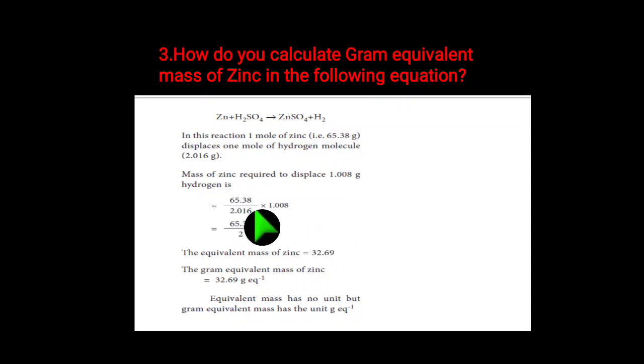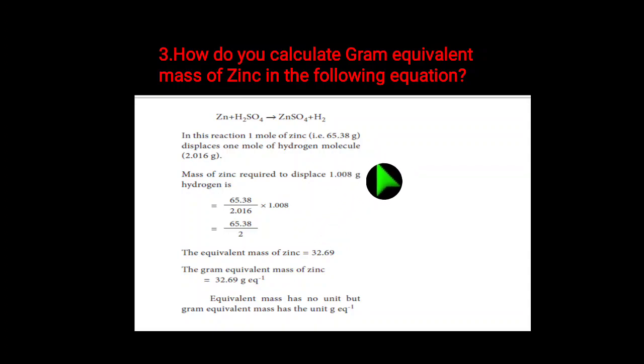2.016 gram of hydrogen molecule is obtained from 65.38 gram of zinc metal. If so, for 1.008 gram of hydrogen atom, how much mass of zinc is required?